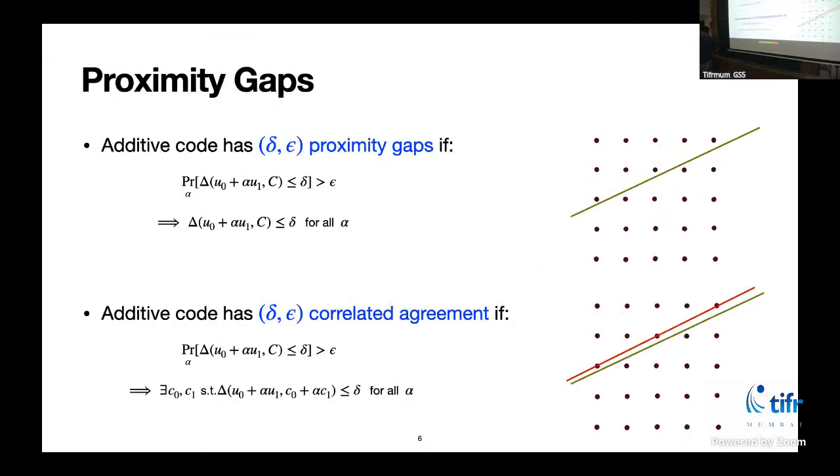Interesting. For me, I would guess the definition would look like: if it's delta close for an epsilon fraction of points, then it's 2 delta close for everything. You don't lose that? No, I don't want to lose any. But that should follow kind of immediately, because if you had two points which were delta close, then you could construct another point which would be 2 delta close, just by triangle inequality.